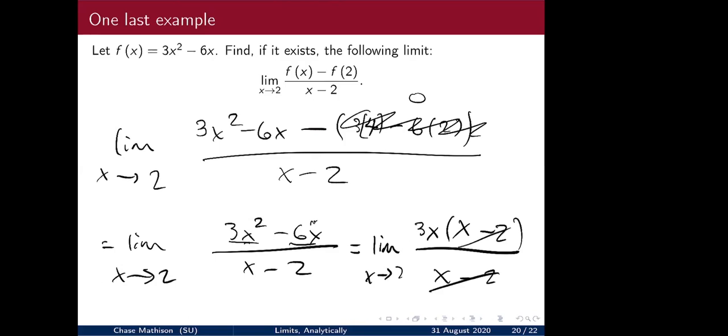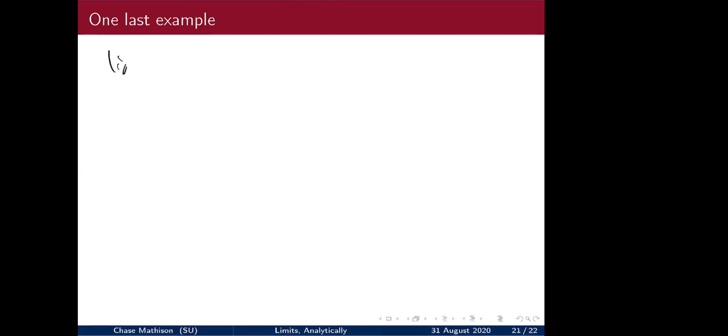The x minus 2's cancel, and I'm left with the limit as x approaches 2 of 3x. And what is that? Perfect. That is just 6. Now we can just plug it in, right? And we get 6. Any questions on this example?